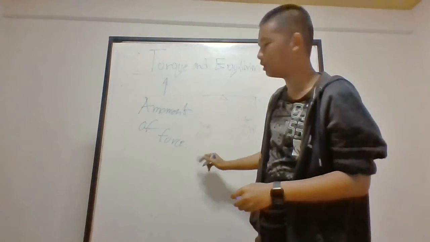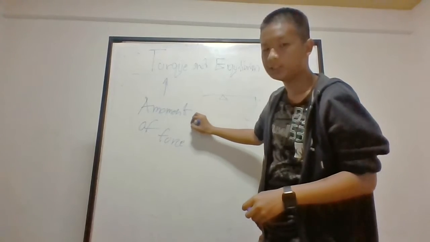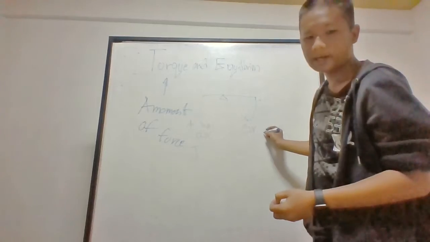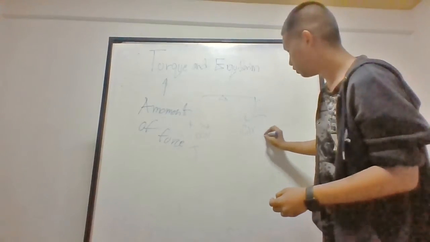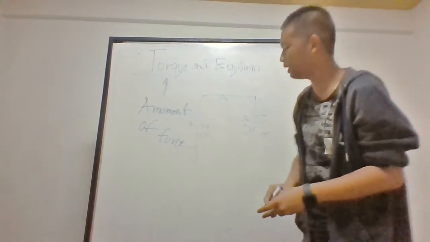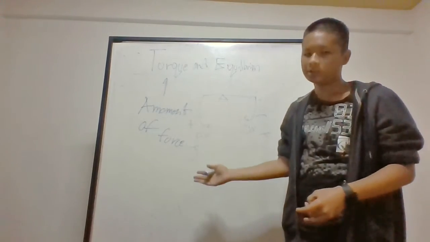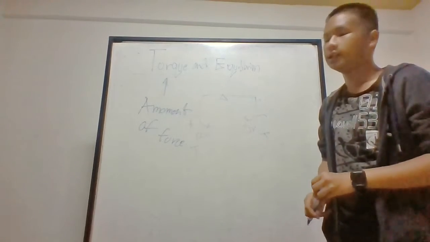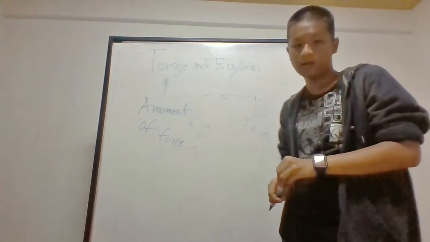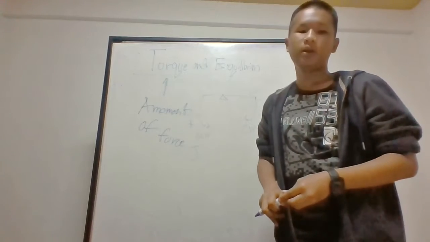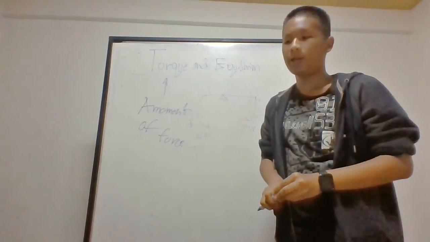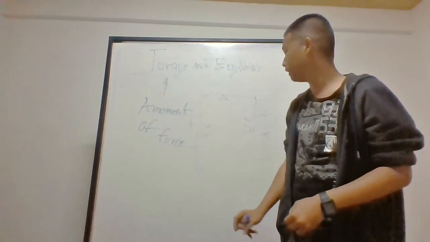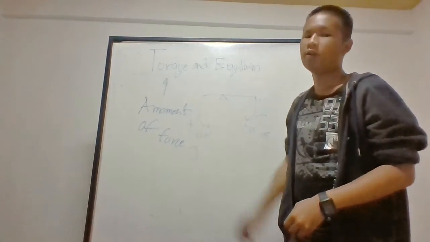The counterclockwise torque we put as a positive torque, and a clockwise torque is a negative torque. It's kind of weird that they put counterclockwise as positive and clockwise as negative, but let's go with it. Next I will give you an example of an equilibrium of torque that uses this seesaw formula.